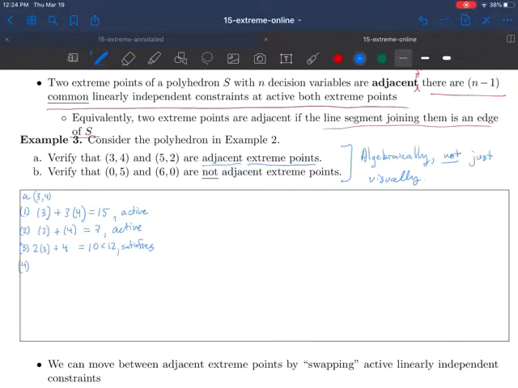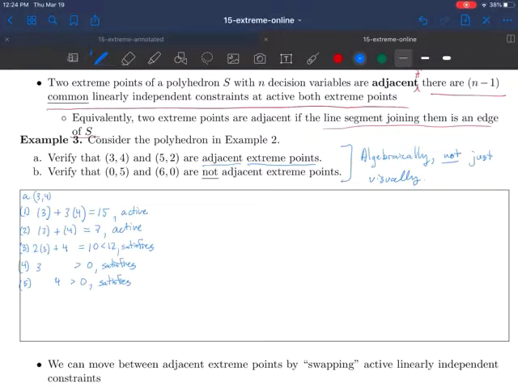Constraint 4 is x1 greater than or equal to 0. 3 is strictly greater than 0, so it satisfies that constraint. For constraint 5, x2 greater than or equal to 0, 4 is strictly greater than 0, so this satisfies.